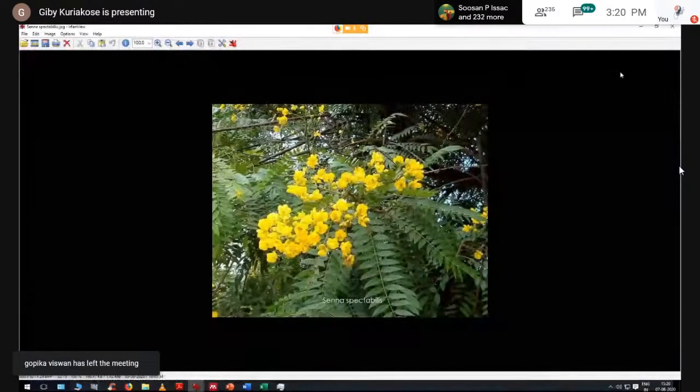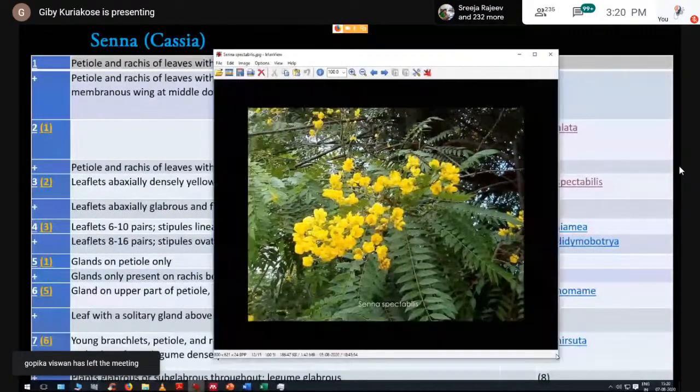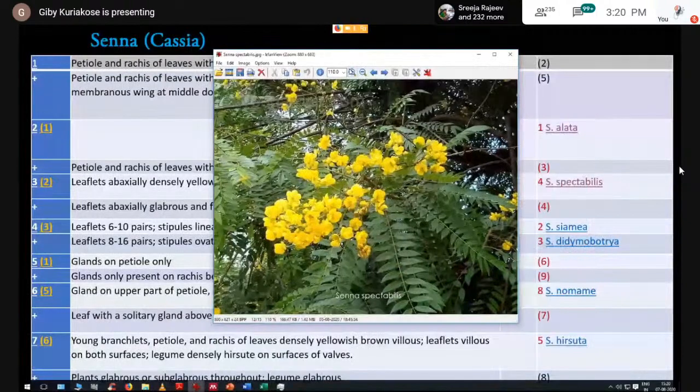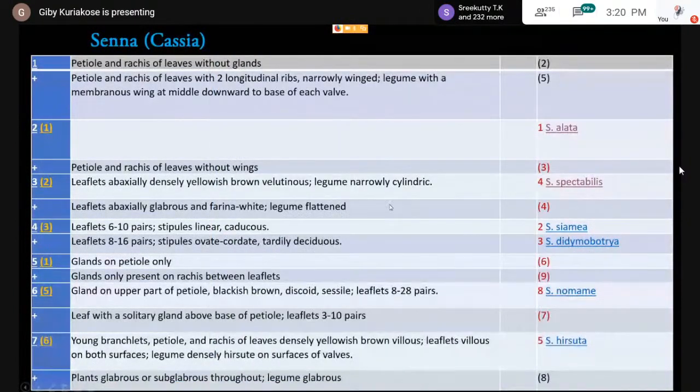This is very common in Bangalore and other places, and the fruit looks exactly like that of Cassia fistula, and you can see one fruit here. I'm sorry, I haven't taken fruit pictures. Okay, this is Senna spectabilis.